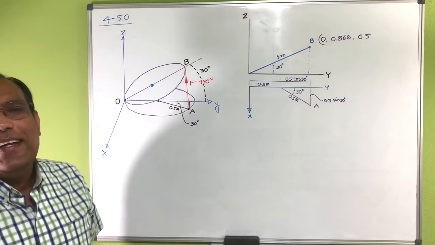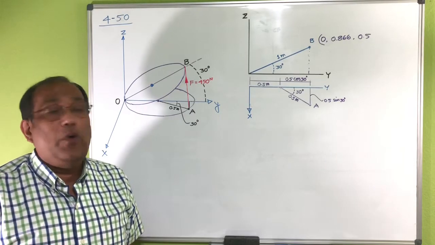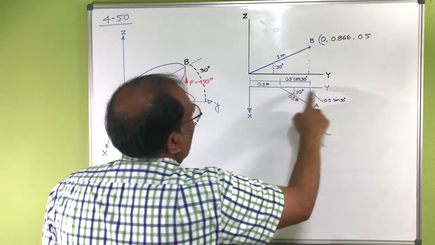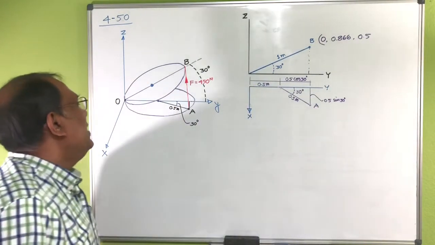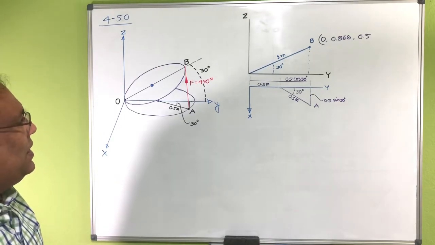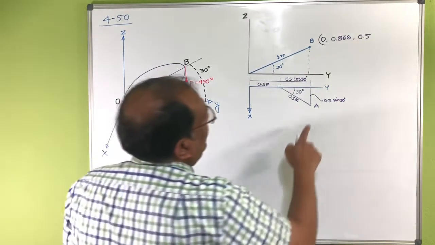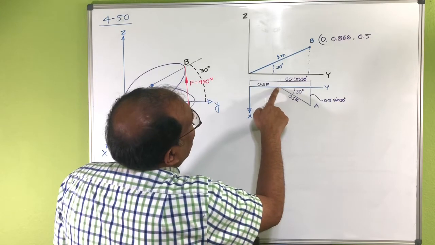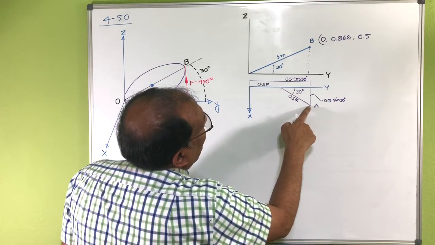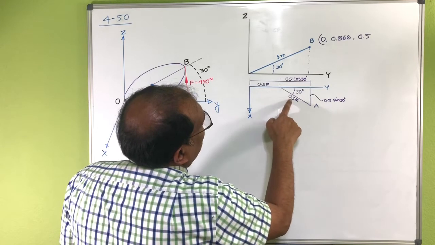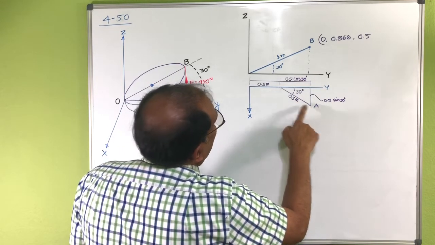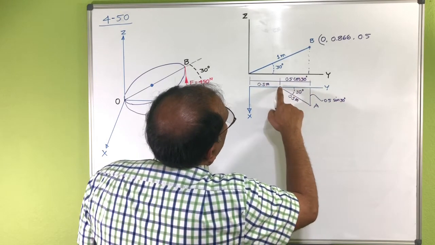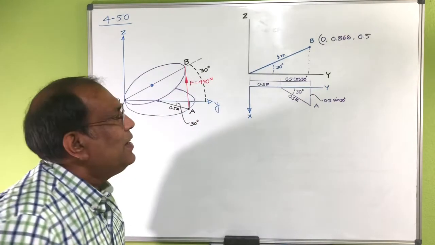Okay. Now we have to find the location for point A. I tried to draw it, like this is your y-axis, this is your x-axis, your xy plane. So you can see your A, your y would be 0.5 plus, you can see this is the radius here, which is 0.5 meter. So the distance of A from the x-axis is 0.5 plus 0.5 cosine 30, from here to here, okay?